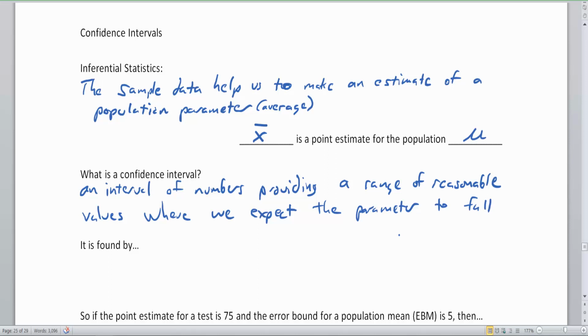An interval of numbers providing a range of reasonable values where we expect the parameter to fall.